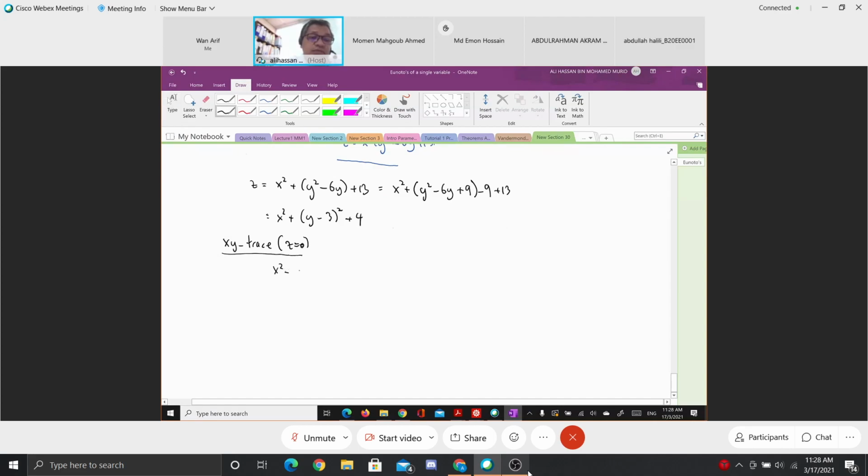Setting z equal to 0, we get x squared plus (y minus 3) squared plus 4 equal to 0. Then we get x squared plus (y minus 3) squared equal to minus 4. This is not possible, isn't it? It is not possible. Why?